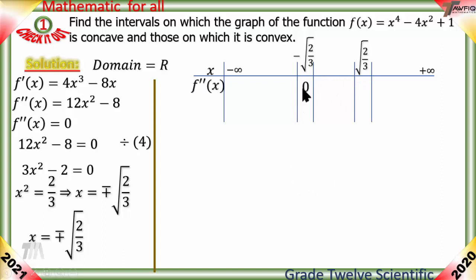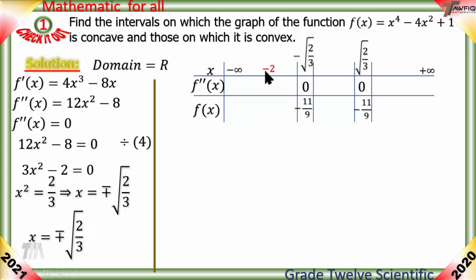The second derivative at these 2 points is 0, and the value of f of x is minus 11 over 9 and minus 11 over 9, by replacing the value of x in the function and finding the value of f of x.